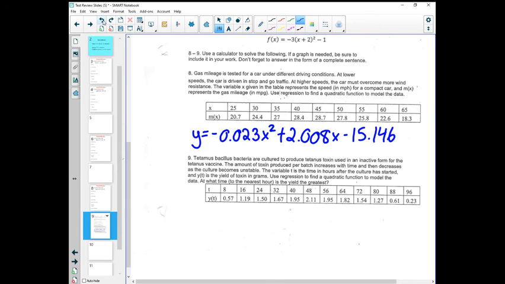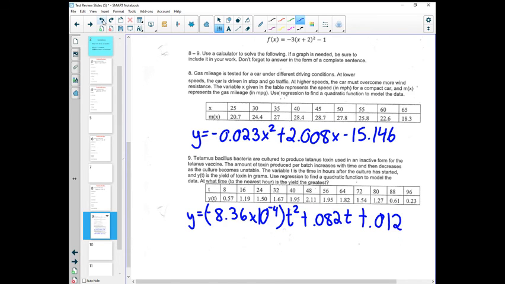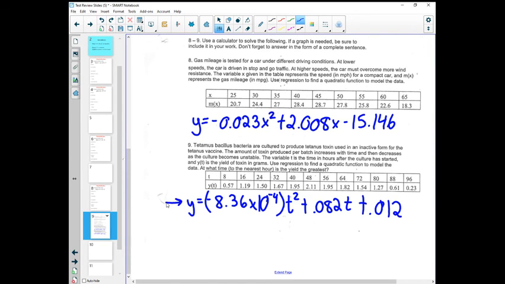We plugged in the data to our calculator, and we got the equation y equals negative 8.36 times 10 to the negative fourth. And that was all multiplied together, and then t squared is on the outside, plus 0.082t plus 0.012.